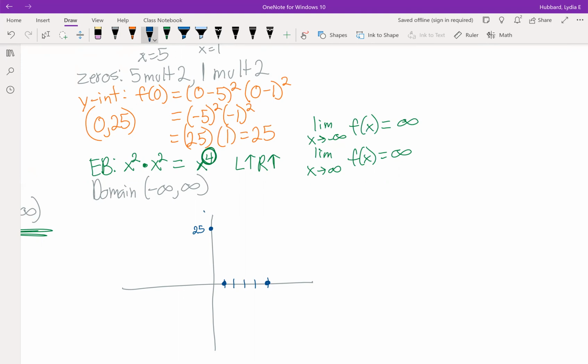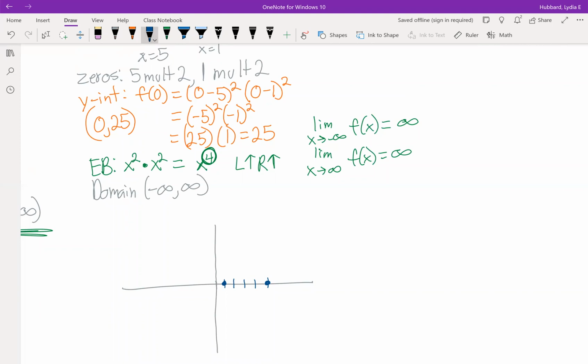So our left side is going up, so it needs to pass through. Actually, I'm just going to draw it first, and then I'll determine the y-intercept. This line is struggling with me today. There we go.